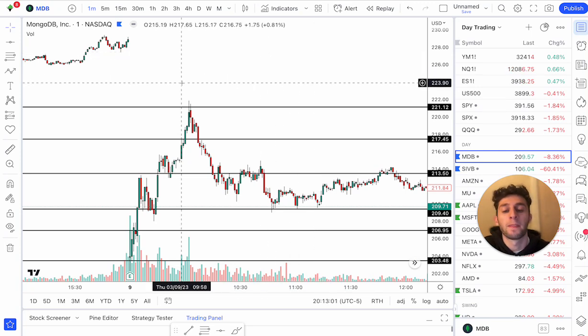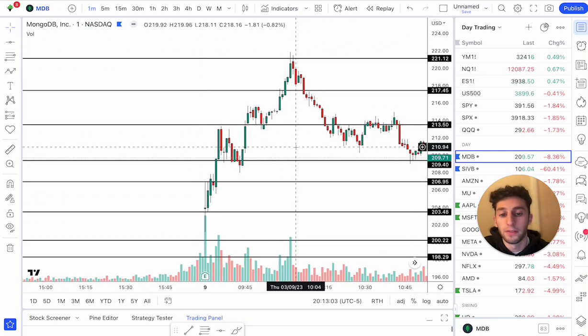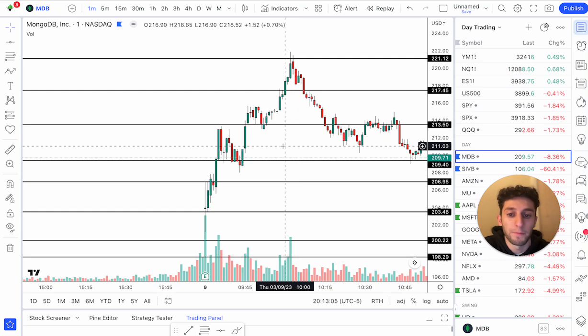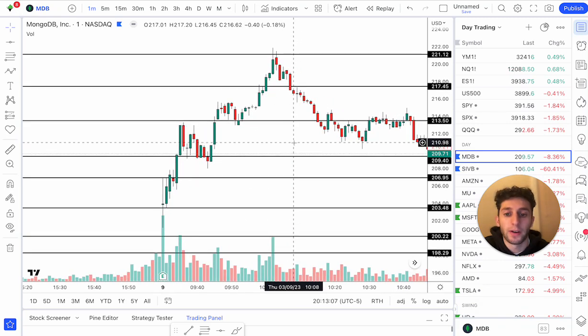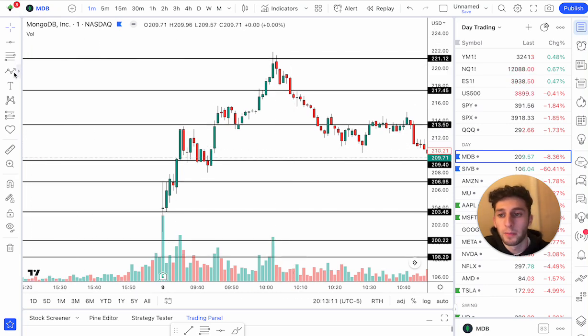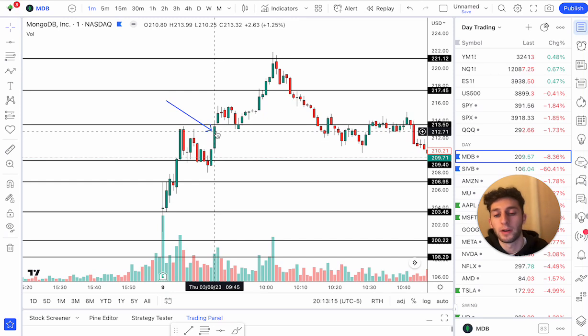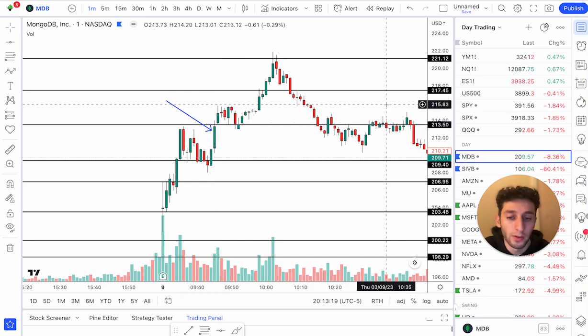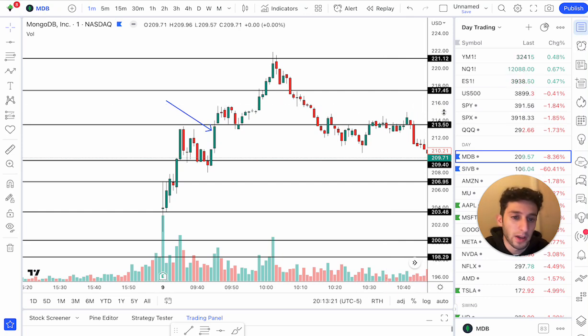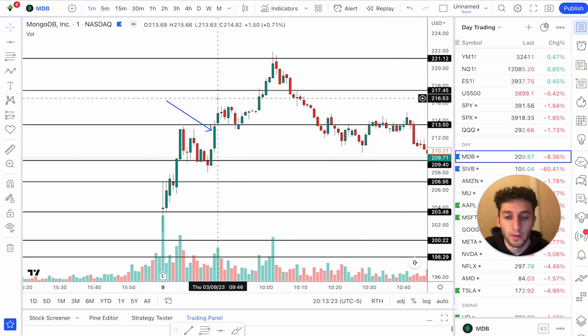So right now, let's go over these levels I use and how I traded them. I'm going to show you exactly where I got in and where I got out. I ended up getting in right on this candle here, on this push up. I got in the 215 calls expiring this week, so pretty much at the money weekly calls.